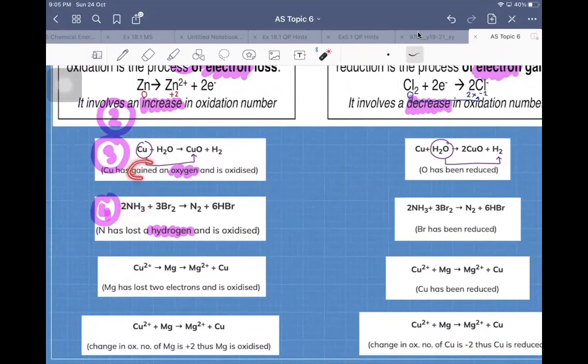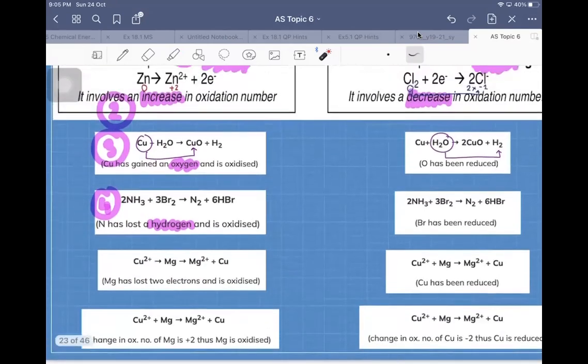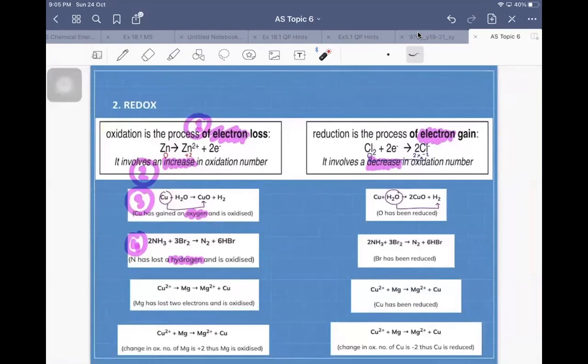Oxygen, you gain for oxidation. Hydrogen, you lose for oxidation. Electrons, you lose for oxidation. So in a way, hydrogen and electrons have the same relationship. When you gain hydrogen or electrons, it's a reduction. When you lose hydrogen or electrons, it's an oxidation. Okay, moving on.